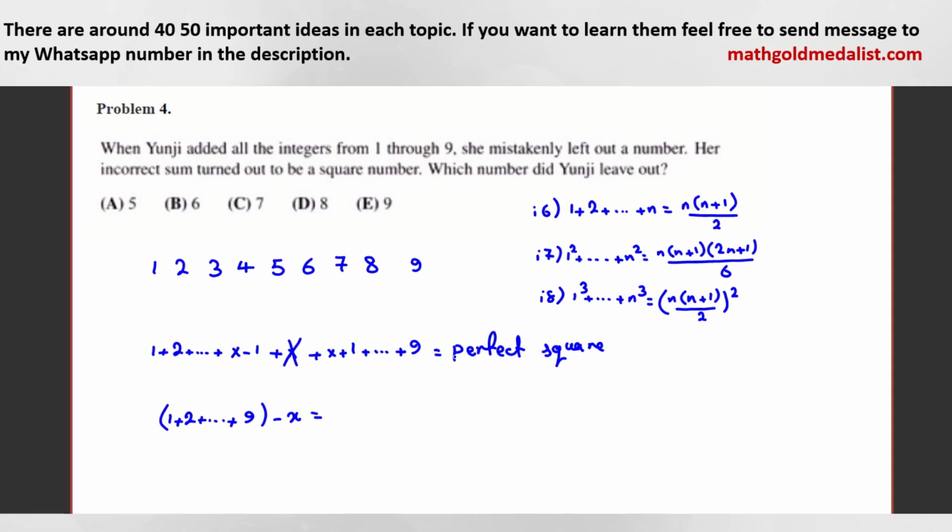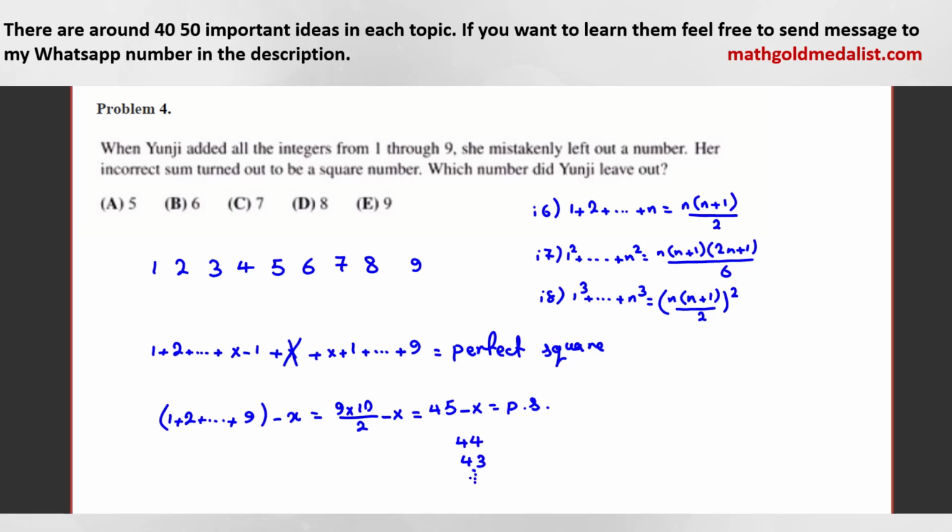Okay, so now let's calculate this part. 1 to 9. We should use identity 6. It will be 9 times 10 over 2 minus x. 9 times 10, 90 over 2, 45. 45 minus x should be perfect square. And x is from 1 to 9. So 45 minus 1, 44, it's not good. 45 minus 2, 43, not good.